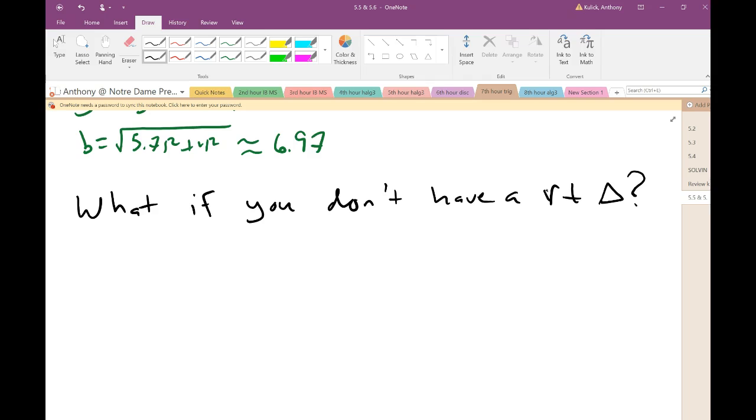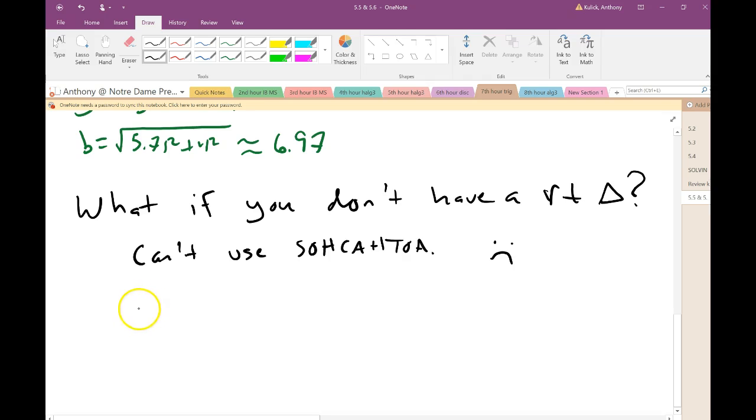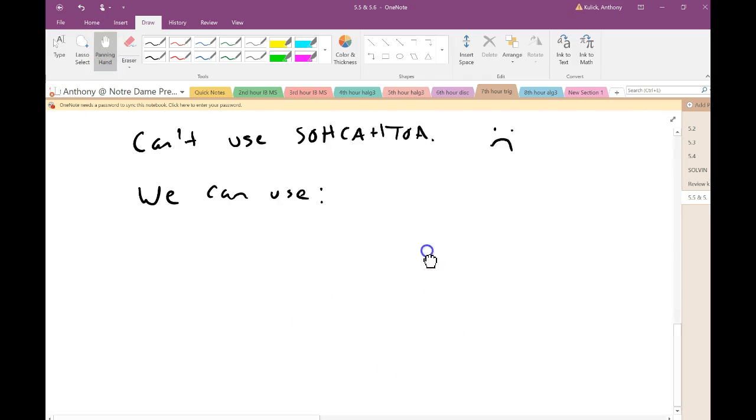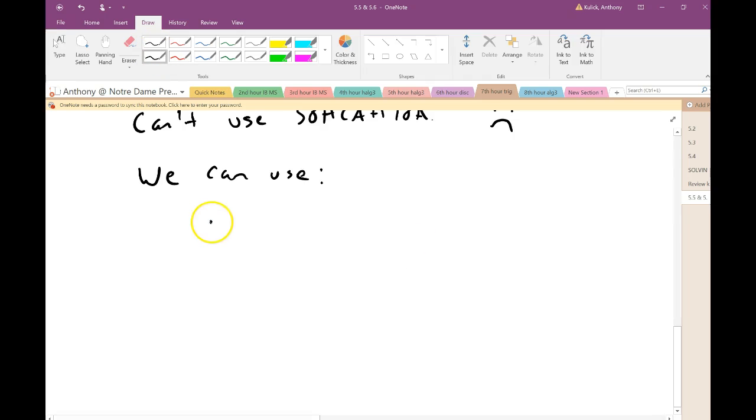What can we use? So we can use something called the law of sines.